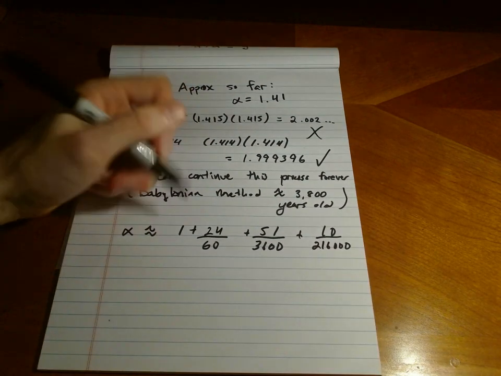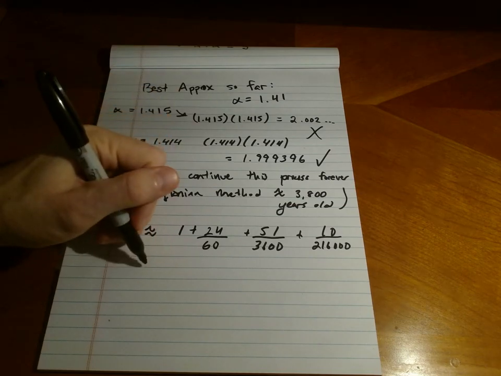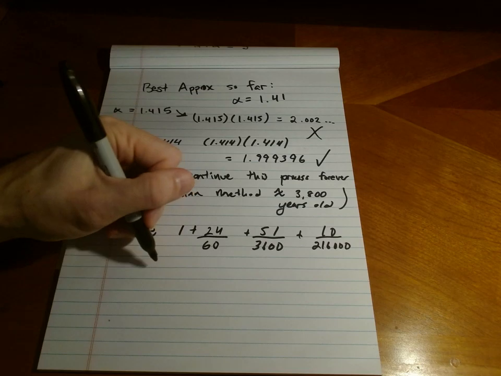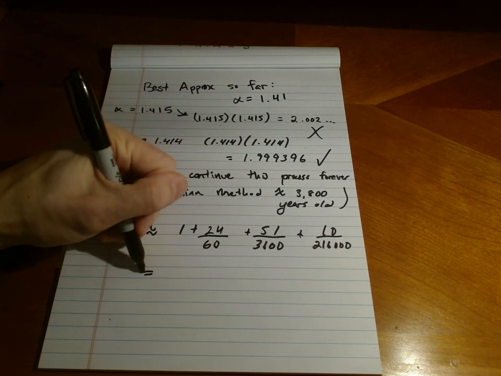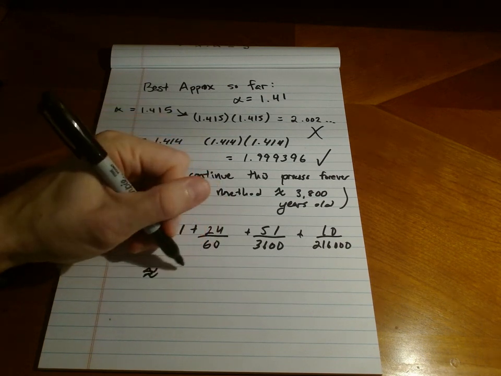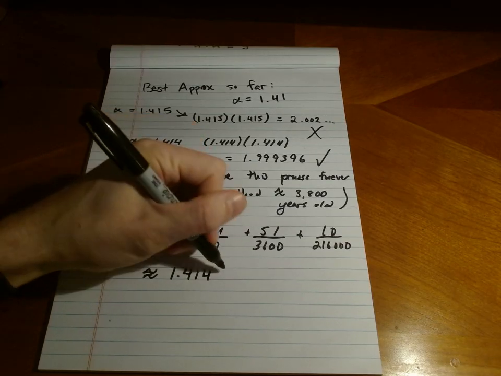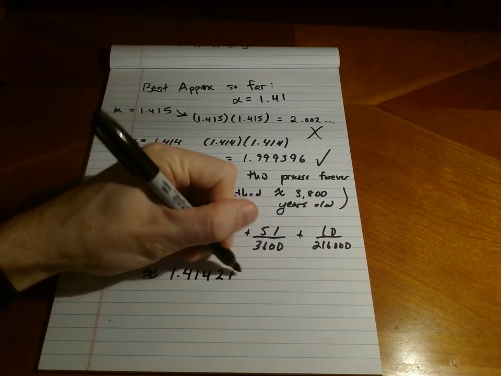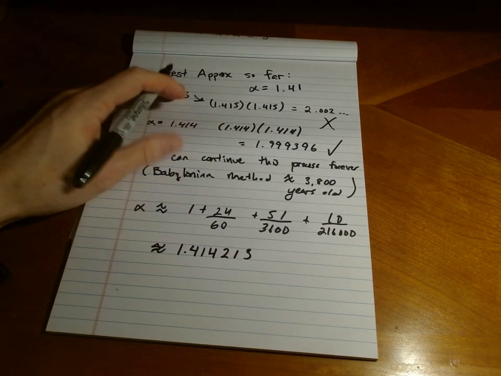Okay, they used a base 60 number system, so what this winds up being very close to in our decimal system, our base 10 system, is approximately equal to 1.414213. Okay, which is pretty good.